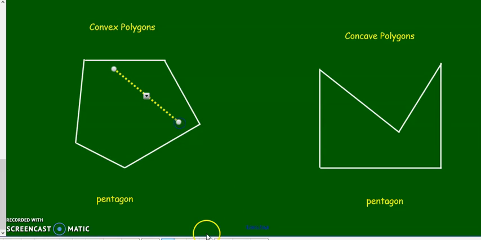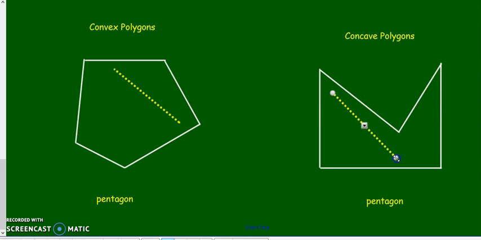But in a concave polygon, it does work sometimes, where you're standing here, but it doesn't work everywhere. If you're standing over here and your friend is standing over there, then the string is outside the polygon. So this is why it's concave, because the string is outside the polygon.